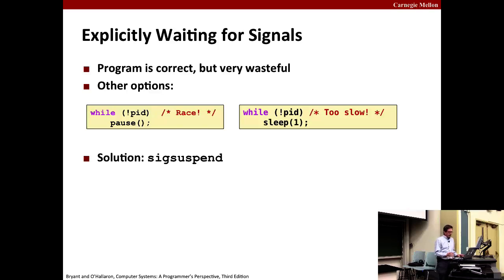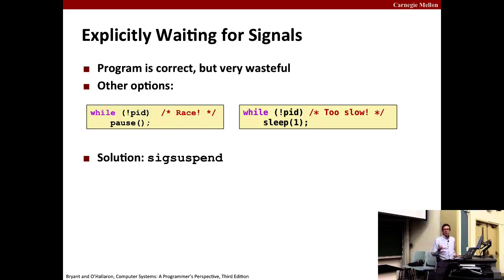So we say, well, okay, that's no good. We could replace the pause with a sleep. So we could say, let's check PID, and then sleep for some predetermined amount of time, in this case 1 second, and then go back up and check PID again. So while this is correct, it's way too slow, right? We're asking the system to wait for a second, which is an eternity.